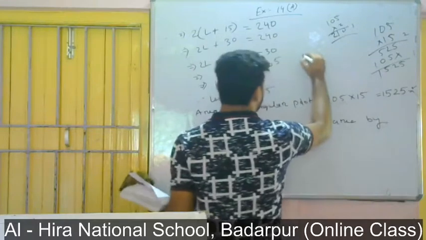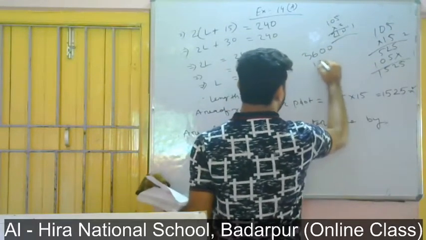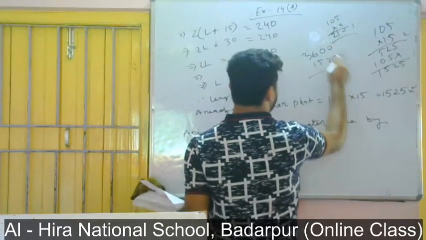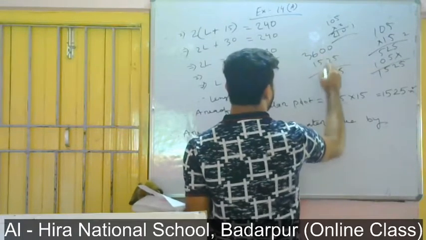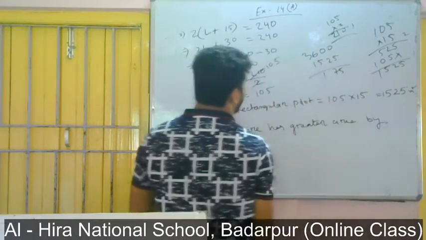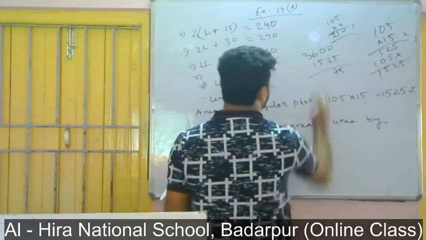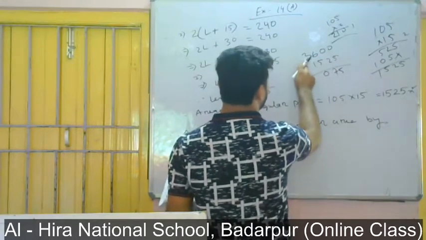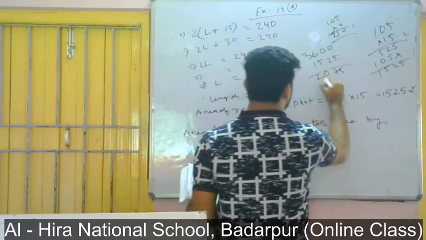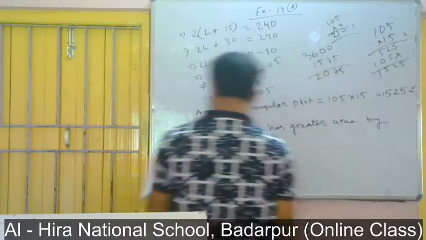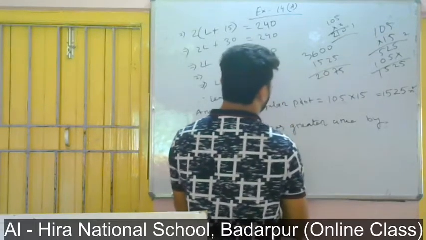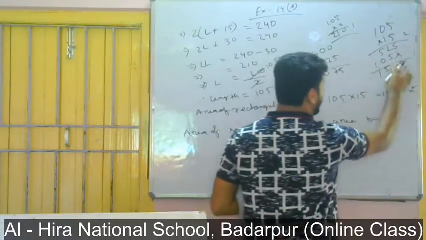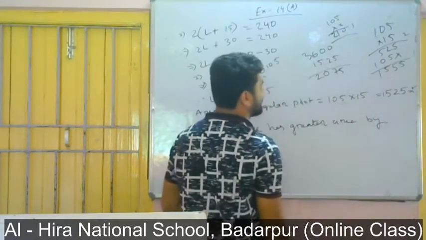If we subtract 3600 minus 1525, here 10 minus 5, 5; 9 minus 2, 7. Sorry, here I have made a mistake.